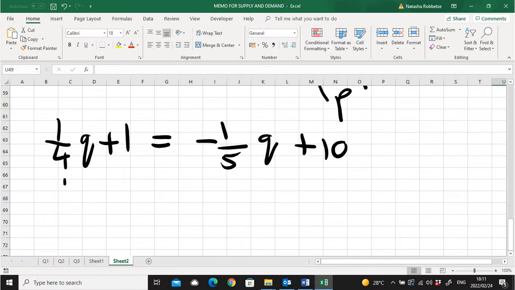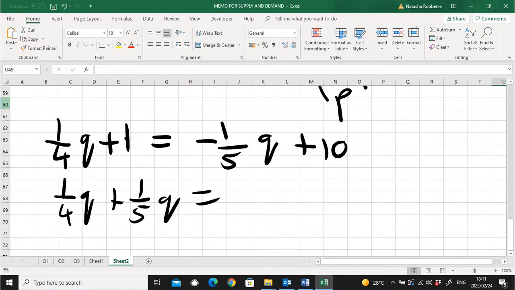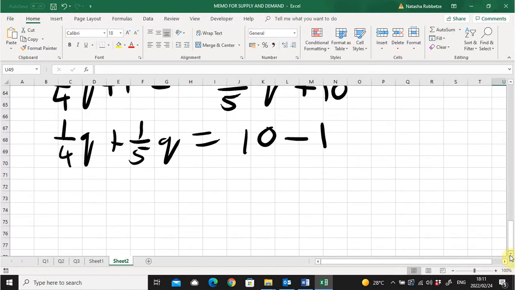So I'm going to have 1 over 4Q plus 1 over 5Q as this one moves this side. We have a 10 on the right hand side. We will bring over a 1, and the sign of the 1, of course, changes. Then we have the 10 minus 1 is 9.